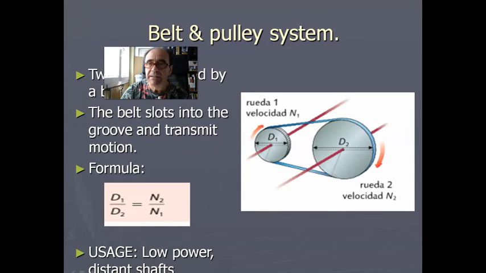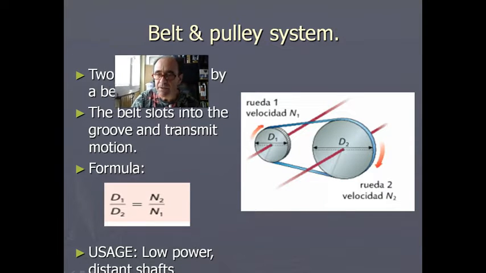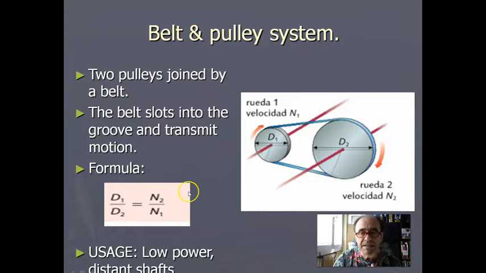Belt and pulley system. In this case, we are also using friction, so we use this system when we don't need to transfer a lot of power. But in this case, the distance between shafts could be big.